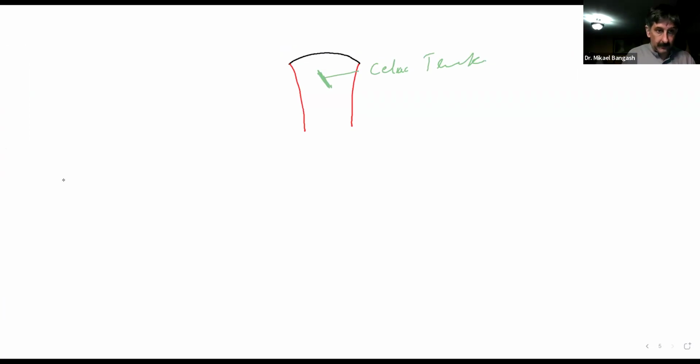Now the next unpaired branch that we will be talking about is what we call the superior mesenteric artery.